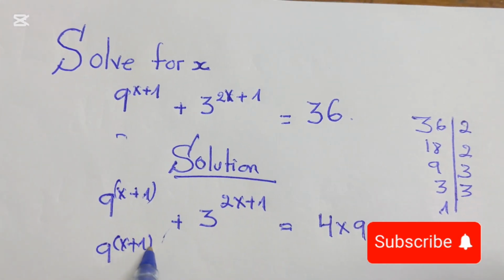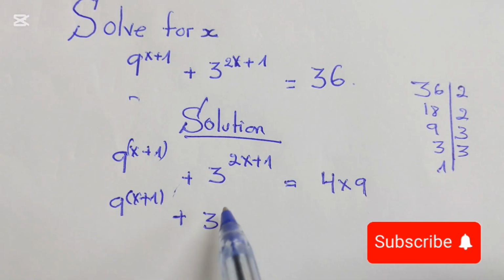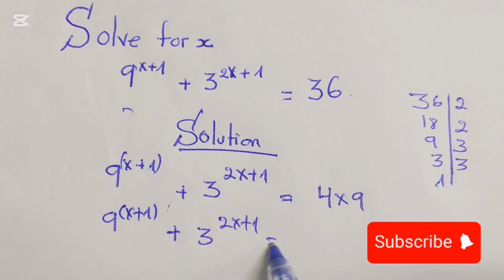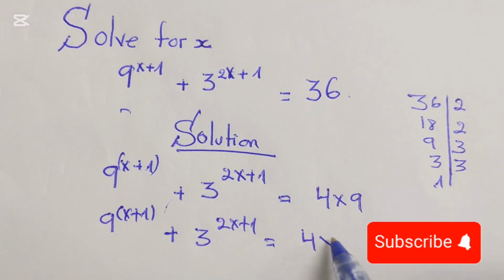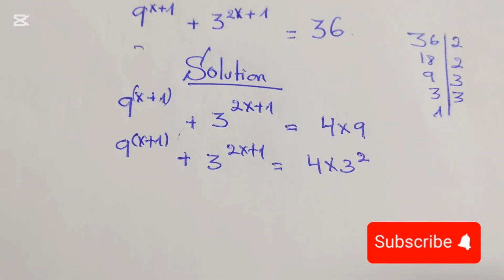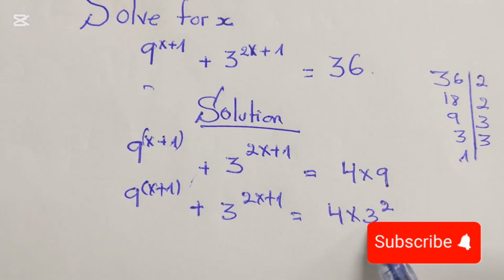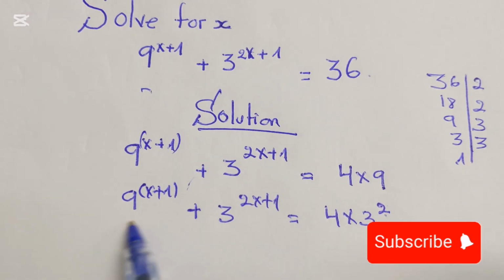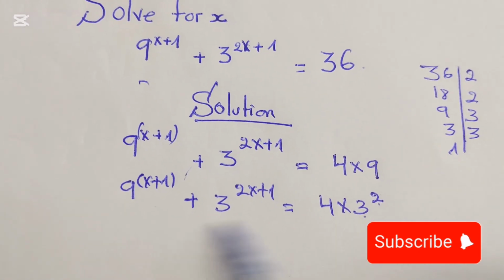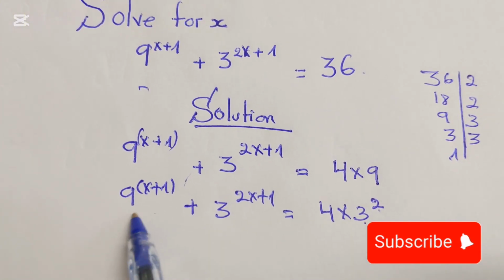This will bring us to 9 power x plus 1 plus 3 power 2x plus 1, which is equal to 4 times 3 squared. Now we change this 9 to 3 power 2, following the same for these numbers, because we want a base of 3.